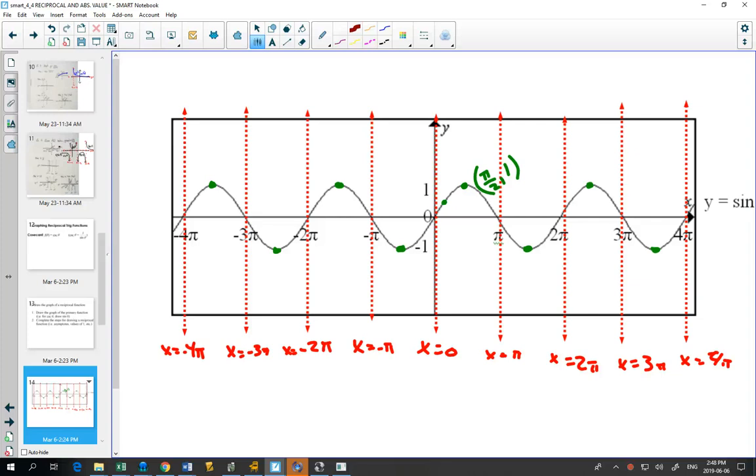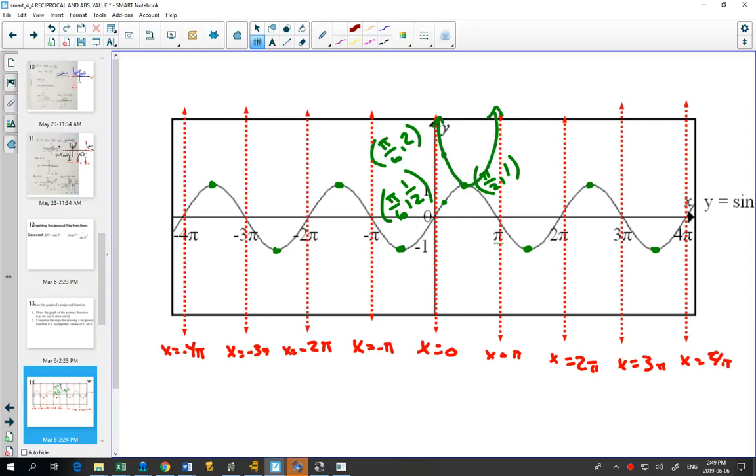When is sine equal to 1/2? Pi over 6, right? Close enough. You had the pi over right. If you have pi over 6 comma 1/2 on your original function, that means you're going to have pi over 6 comma 2 on your reciprocal graph.